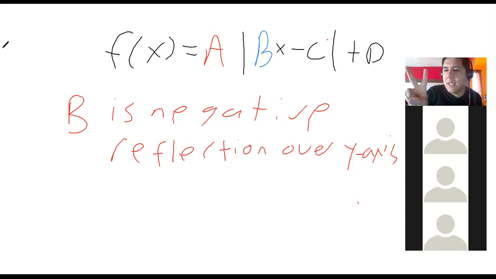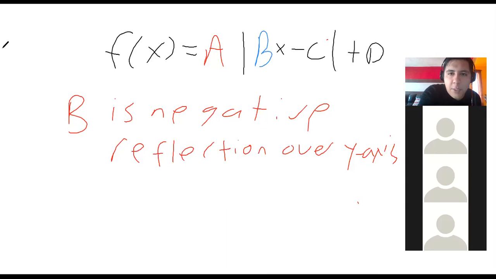If we reflect it over Y, it looks exactly the same, right? Nothing changes, okay? The reason why is because our graph is symmetrical. So if we were to just spin it around, it just looks the same. So we're reflecting over Y, but in reality, we're not really doing much. And that would make sense, right?